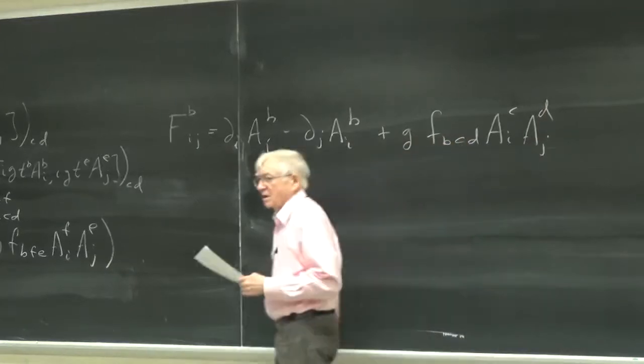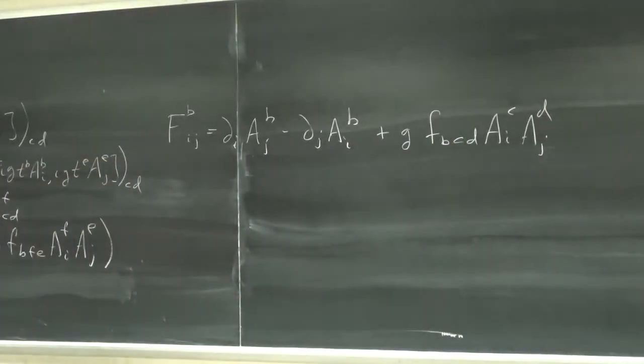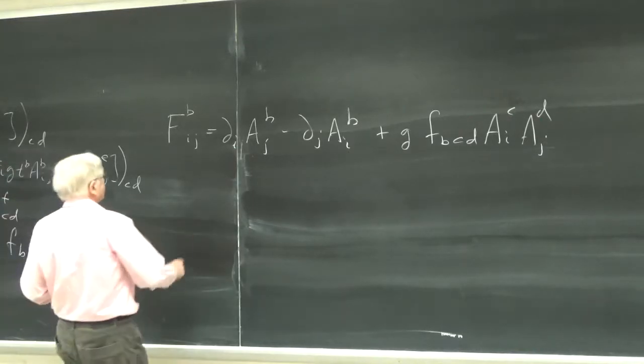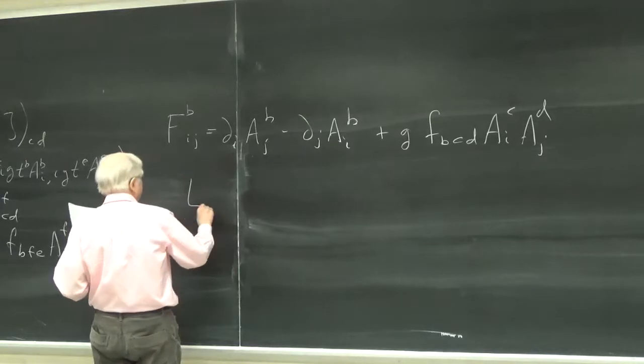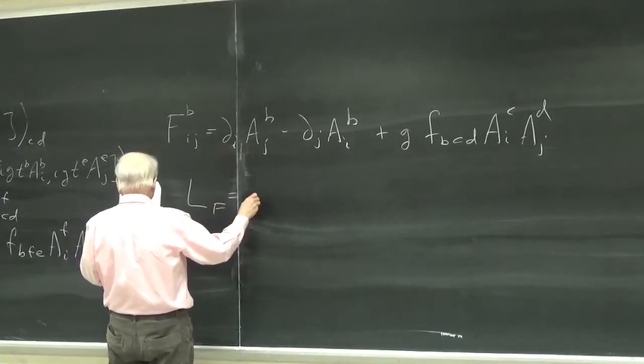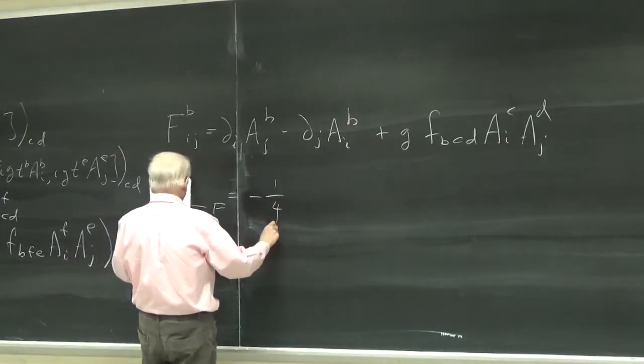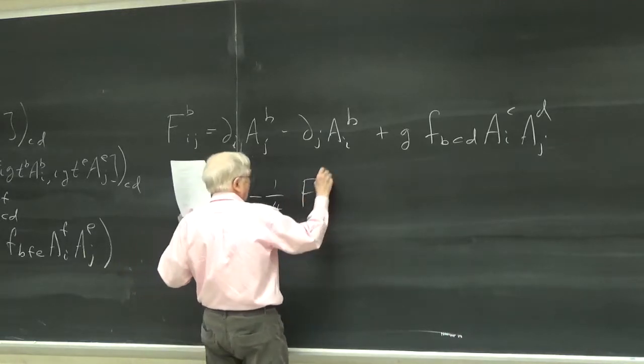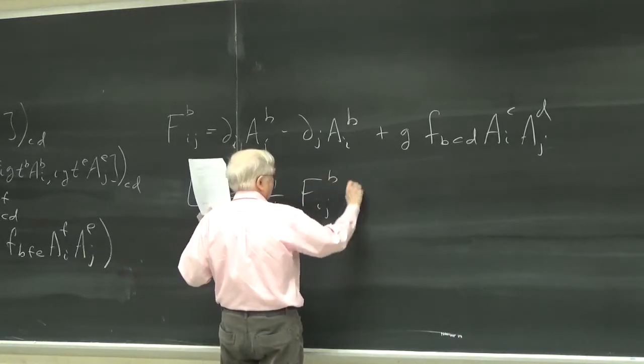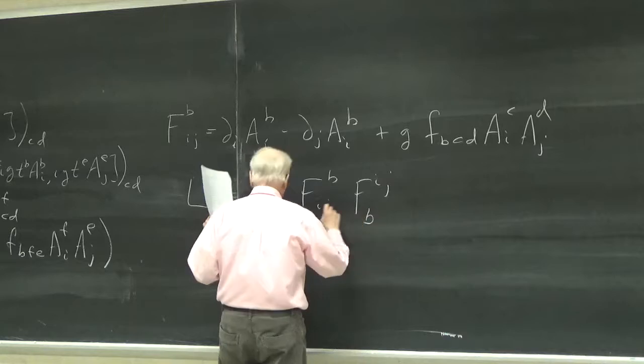That's a little bit nicer notation. And the action density for this is minus a quarter F^B_ij F^ij_B.